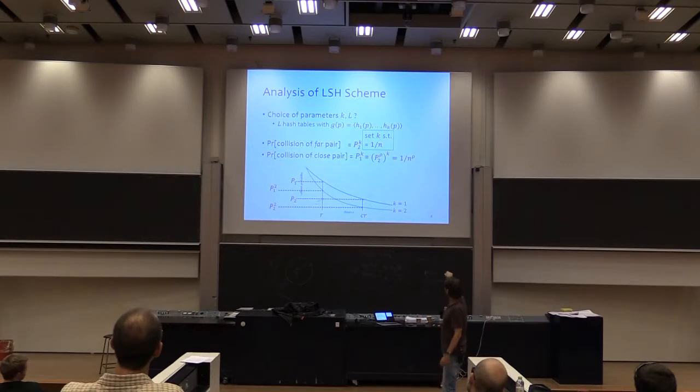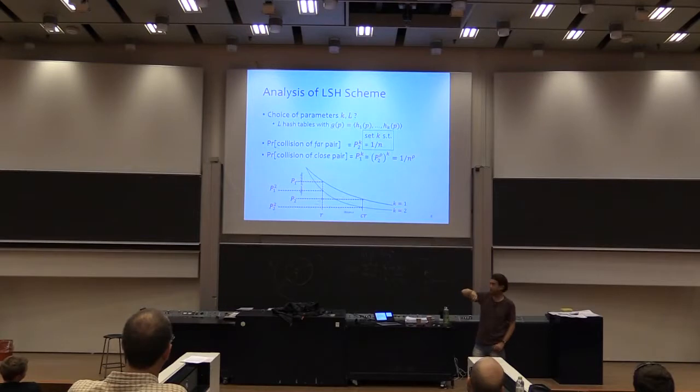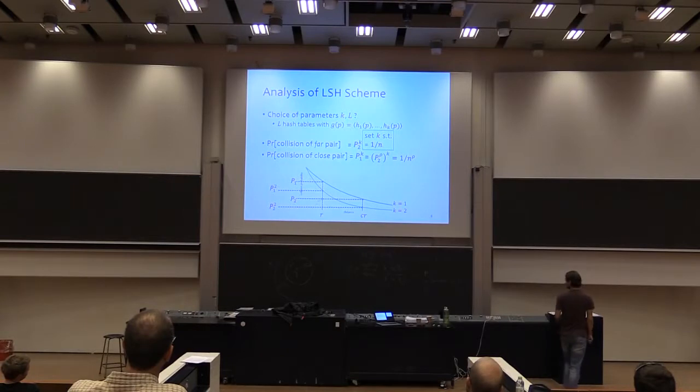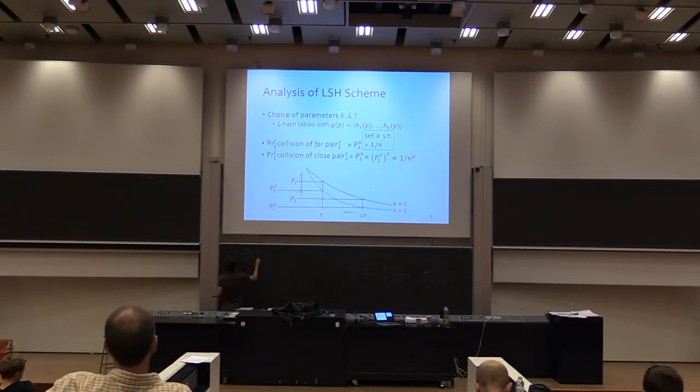Now that K is fixed, the relation between P1 and P2 is given by rho. We can exactly plug in K and see what we get. Let me show this calculation once. Rho was defined as log of 1 over P1 divided by log of 1 over P2.